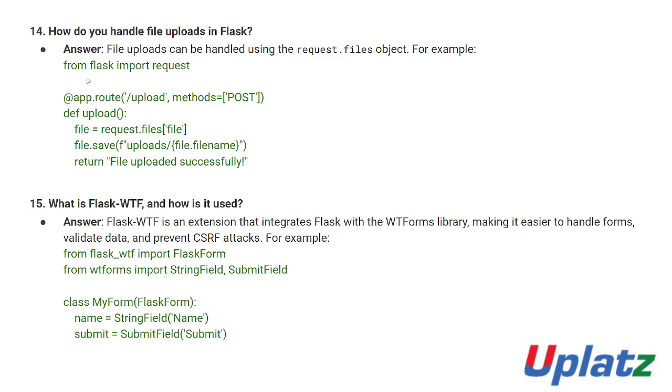For example, from flask import request, @app.route('/upload', methods=['POST']) def upload(): file = request.files['file']; file.save(f'uploads/{file.filename}').